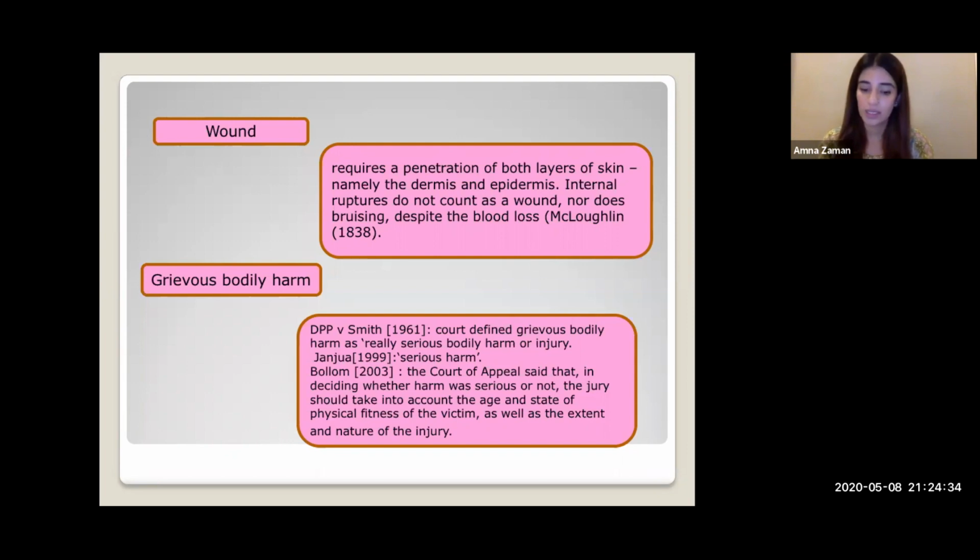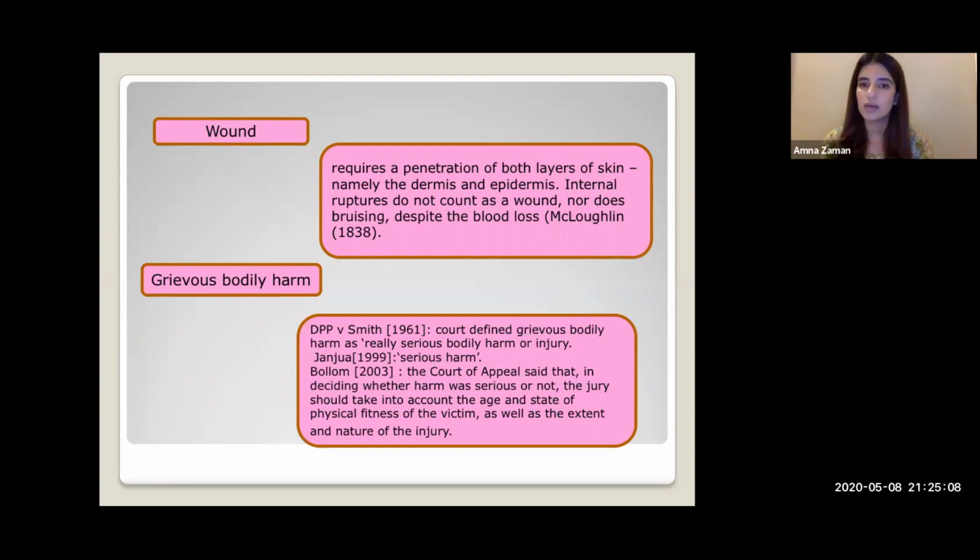This means that if there is a cut, which has to amount to a wound for the purposes of Section 18 Offences Against the Person Act, there has to be a break in the two layers of skin, and the two layers of skin are dermis and the epidermis. Internal ruptures or wounds that do not involve a penetration of two layers of skin, bruises, they do not amount to a wound.